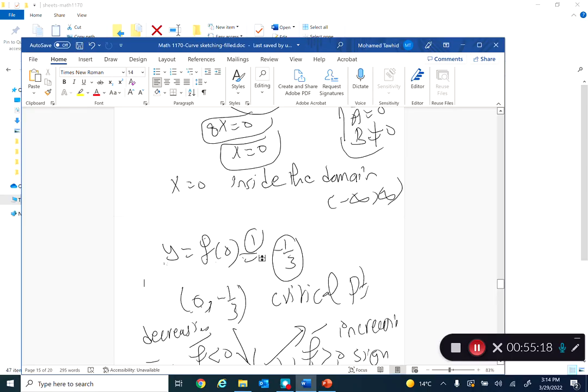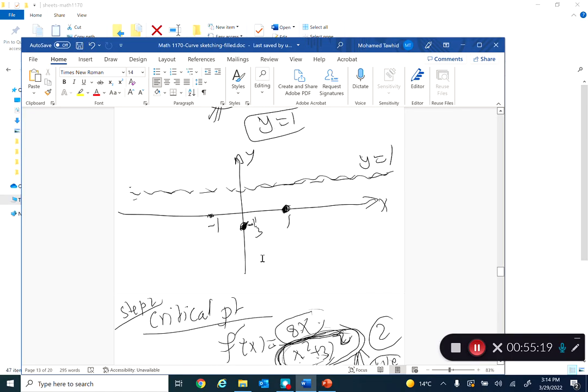So now if I go back here, I have a local minimum, right? I should maybe extend this graph. If I make negative 1/3 like this, then I have a local minimum like this. But you know the graph crosses the x-axis, that is your x-intercept, so the graph should be going up like this.